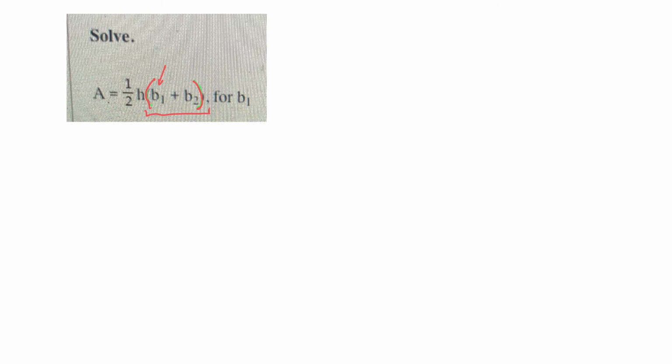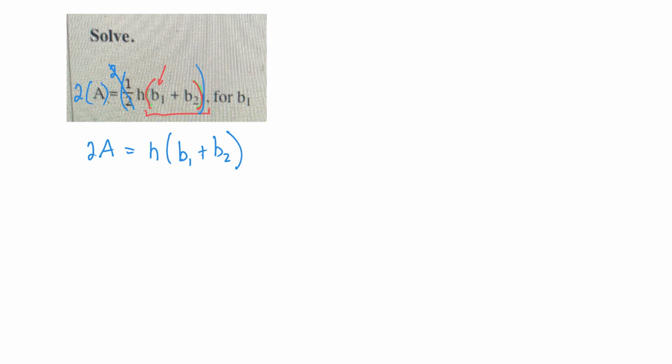I can get rid of the half by multiplying this by 2. And if I multiply this side by 2, I have to multiply this side by 2. So the 2 times the half becomes 1. So on the right side, I just have h times b1 plus b2, okay, is equal to 2a.